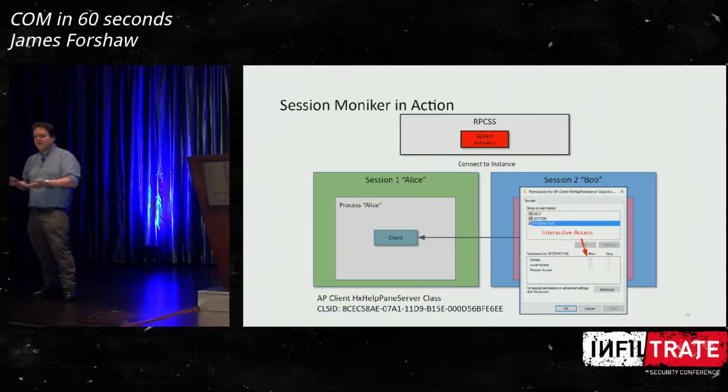So Alice can now talk to the HX Help Pane server, which generously had a function on it called execute, to run an arbitrary process. Basically, it just passed the string to ShellExecute and would run you an arbitrary process. A trivial cross-session activation attack: if you're on a terminal server, you can attack anyone else running on that same terminal server. Really, really simple.